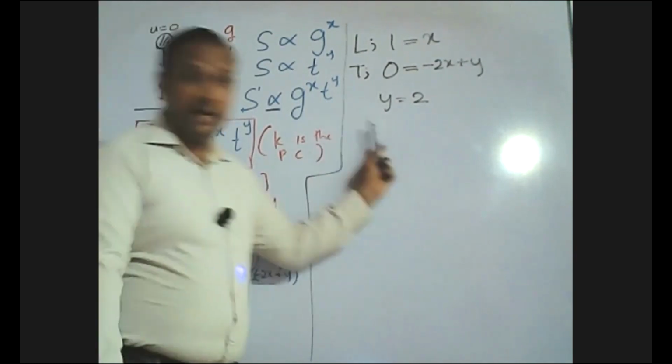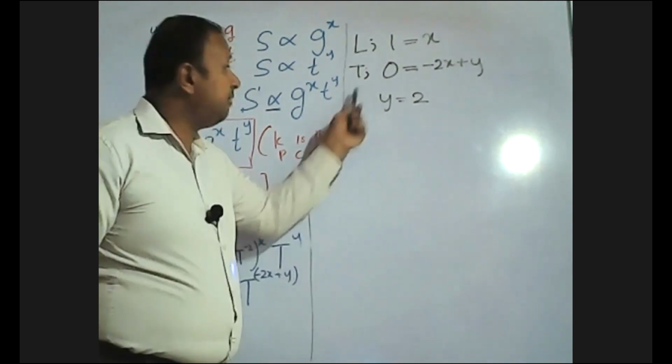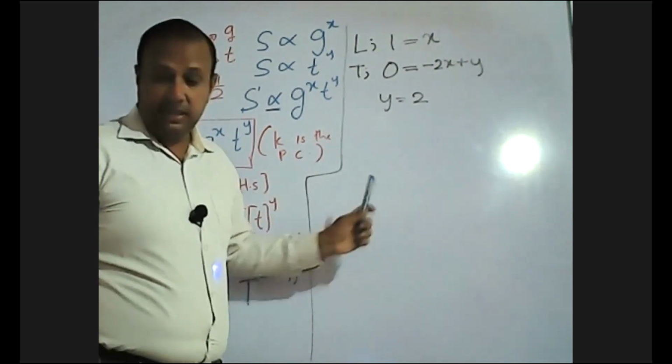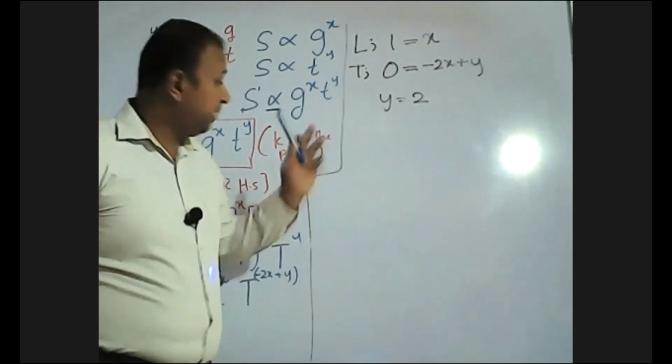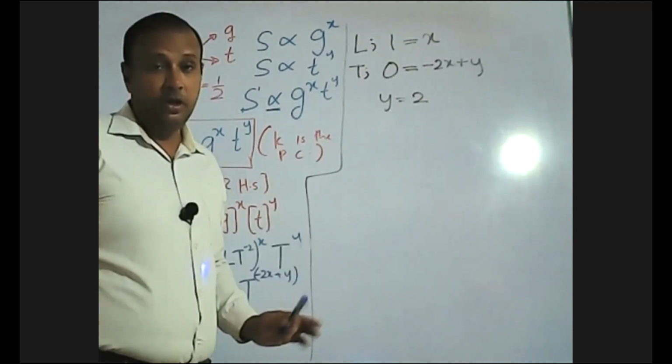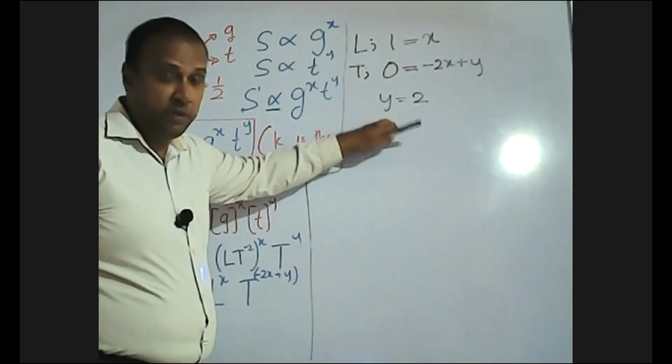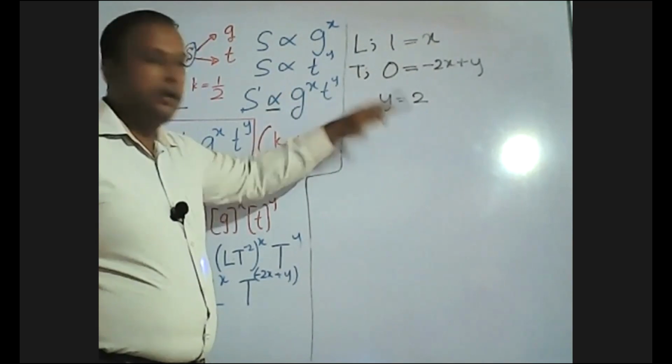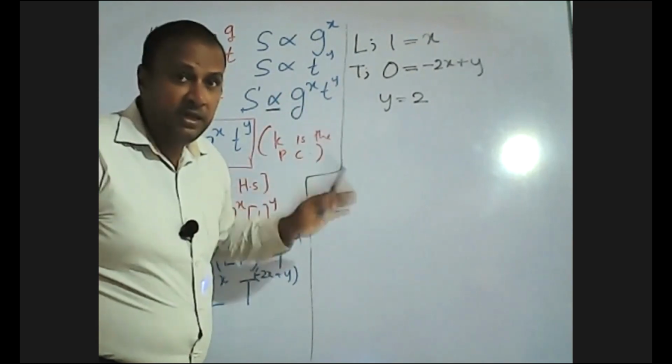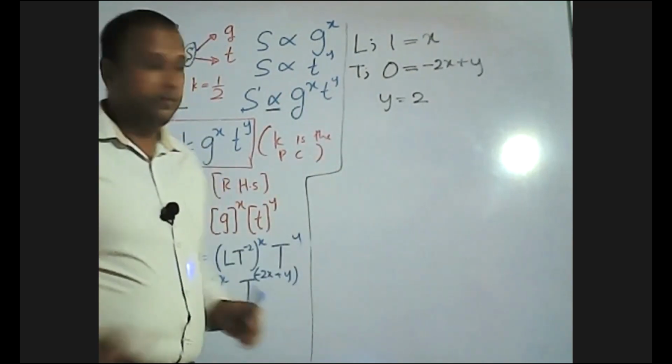So this is not the answer. Finding x and y is not the answer because I want to determine an equation. Don't stop here, because finding x and y is not our objective.